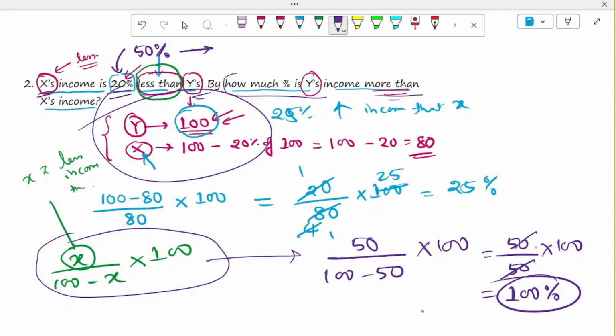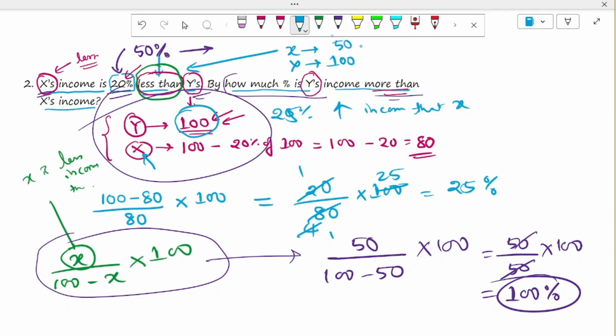Because if you just consider this case, just observe this part. You have got X's income and Y's income. If Y's income is 100, X's income will be 50% less than him. So it will be 50 rupees.